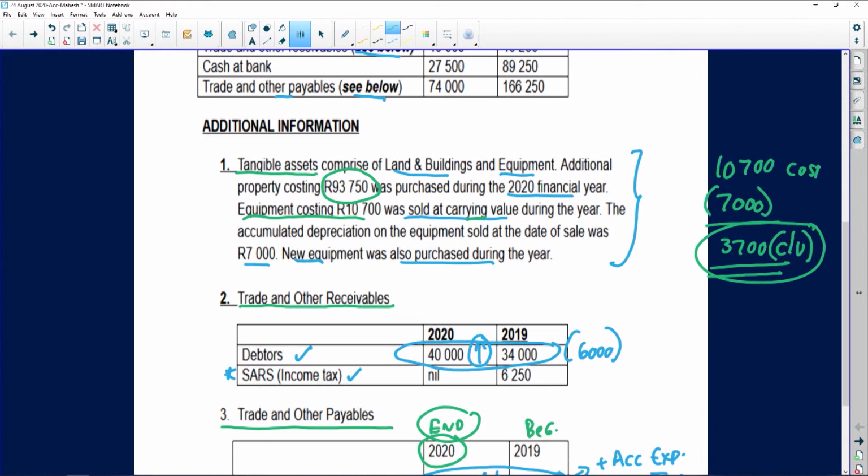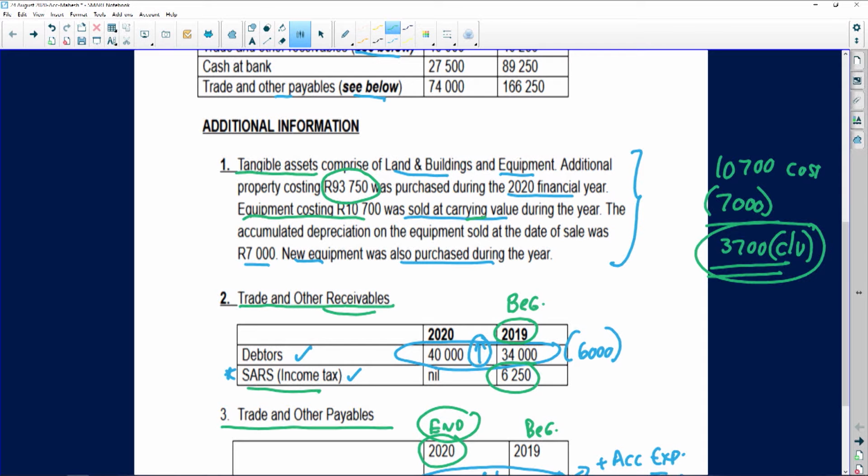So if we look at our information, trade and other receivables, SARS income tax, beginning of the year, 2019. Just be very careful with the dates. 2019, at the beginning of the year, SARS is owing the business 6,250.